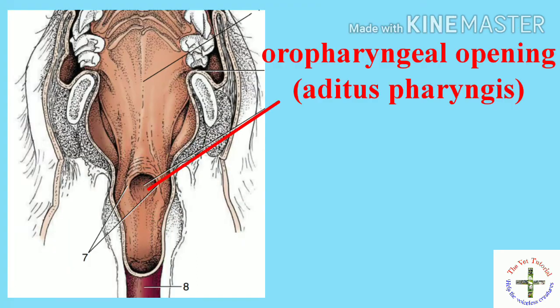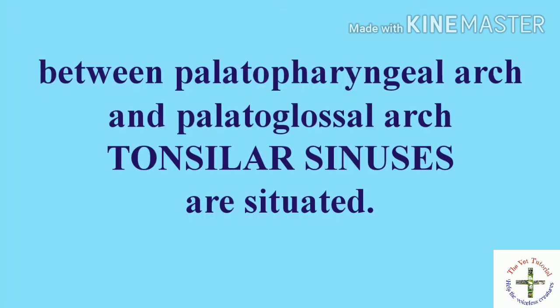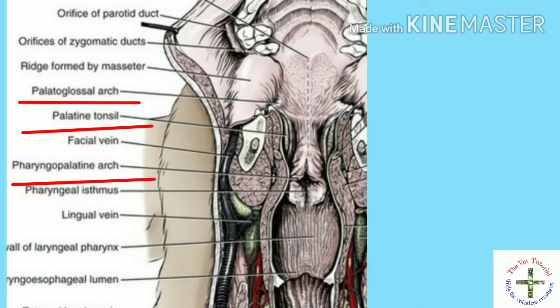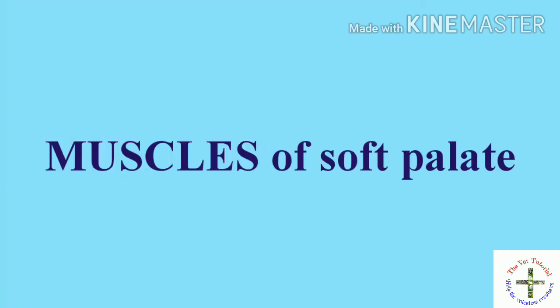And there is oropharyngeal opening, or we can say aditus pharyngeus is formed. It is formed from the left and right palatoglossal arch, soft palate and tongue. And remember that in between palatoglossal and palatopharyngeal arch, tonsillar sinus are situated. It accommodates palatine tonsil. And let's study about the muscles of soft palate.